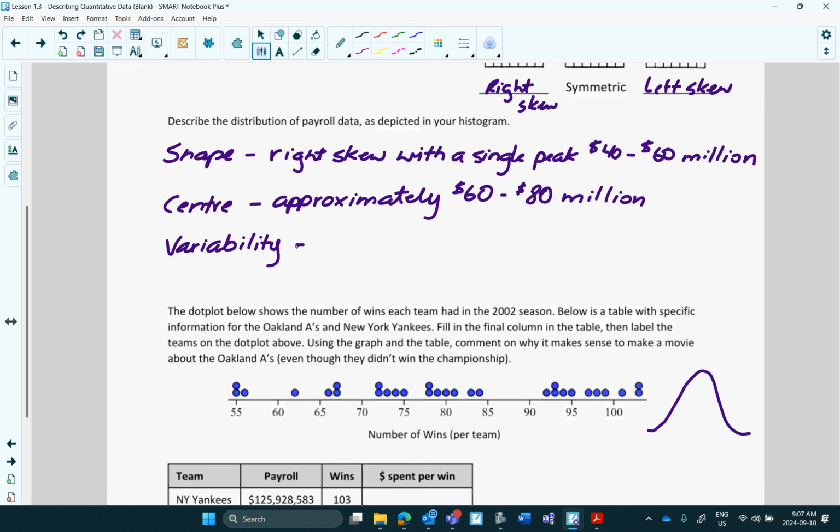So we would just say it ranges from the low bar of 20 to 39 million to the high bar of 120. Actually, I changed it, didn't I? I should say 20 to 40.